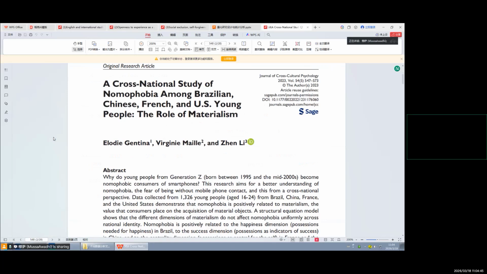Yeah, that could be. But anyway, we still examine the relationships. Some may focus on the relationships between the variables. Some others may focus on the relationship between the dimensions of the variables. That could be possible. Okay, so you can see here.